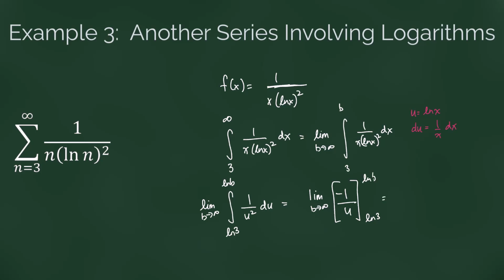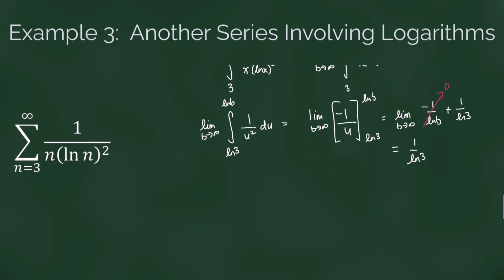And so we get the limit as b goes to infinity of negative 1 over the natural log of b plus 1 over the natural log of 3. Well, as b goes to infinity, natural log of b also goes to infinity, which means our first term here is now going to 0, and this is exactly equal to 1 over the natural log of 3.